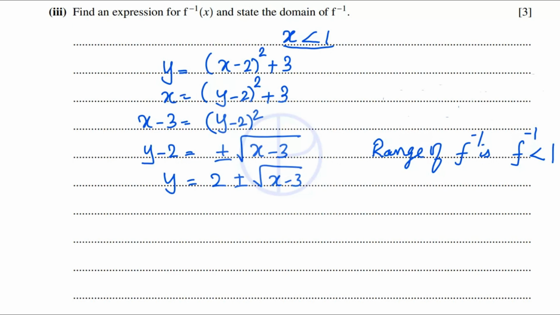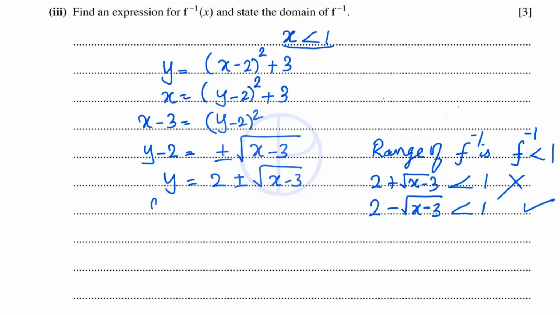Okay, so out of these two values for y, let's check which one is less than 1. 2 plus square root of x minus 3 will not be less than 1. 2 minus square root of x minus 3 will be less than 1.